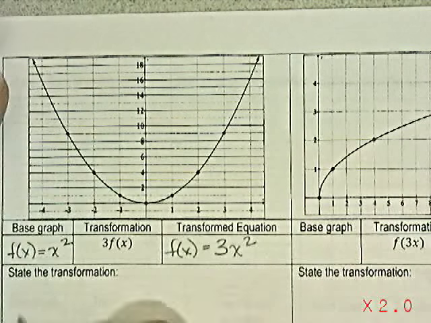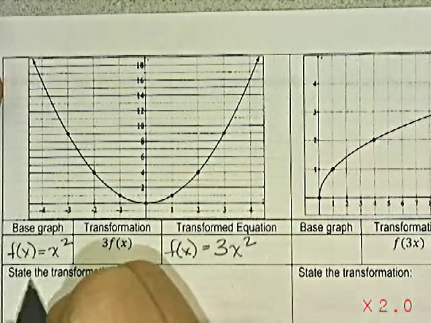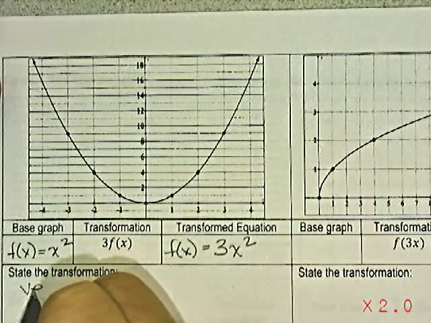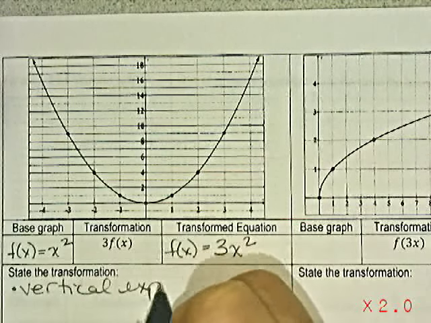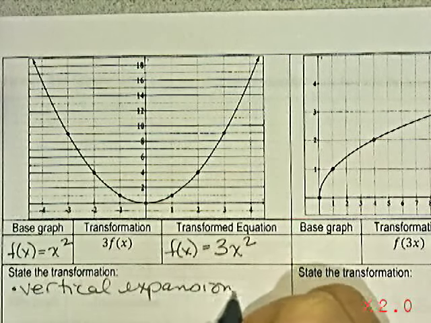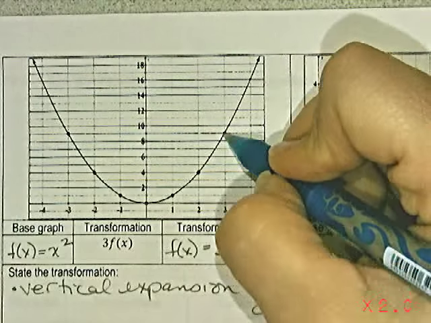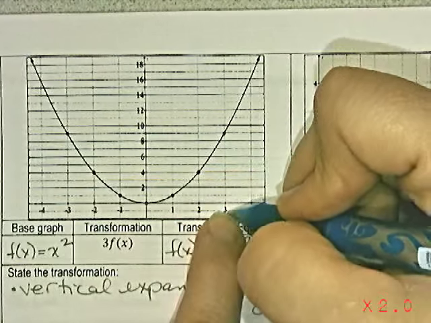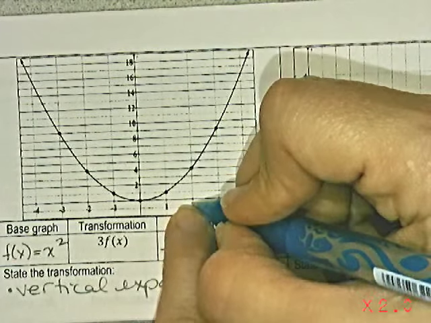State the transformations. Well, we've found out that the a value, the multiplication factor out front, is a vertical expansion by 3. And so every one of these vertical values gets tripled. So tripling a 9 would be way up at 27, off my graph.